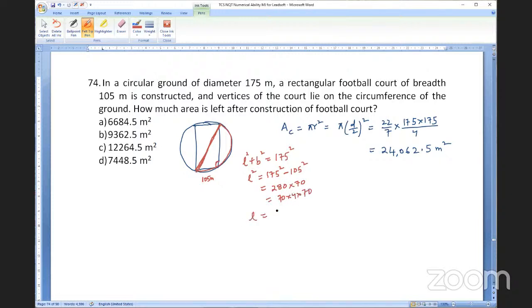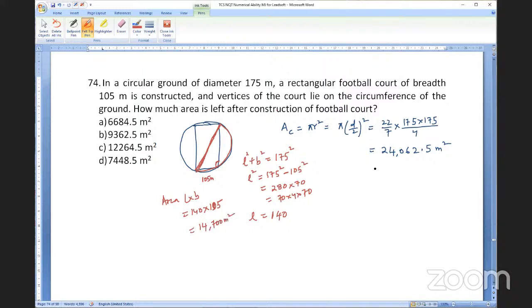So length is 70 into 2, that is 140. So area of the rectangular field is length into breadth. That is 140 into 105 meter. That comes to 14,700 meter square.